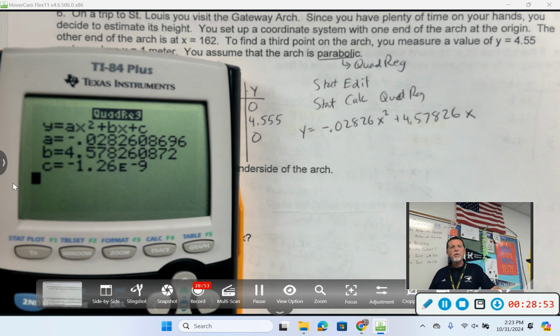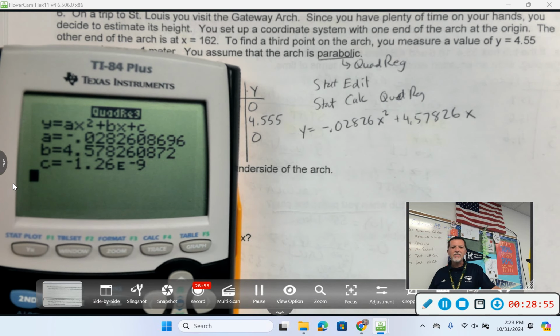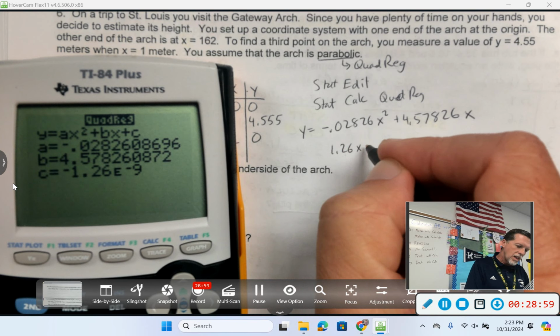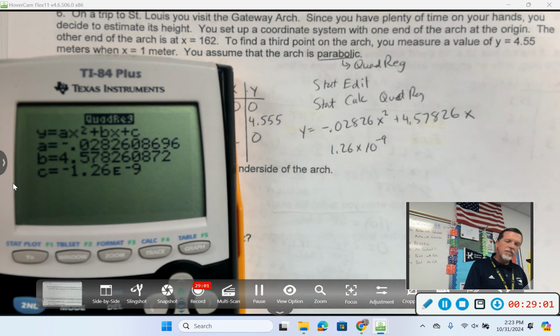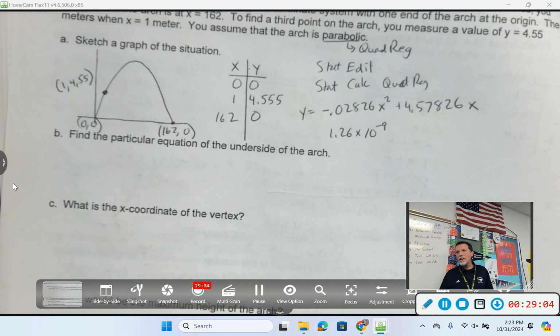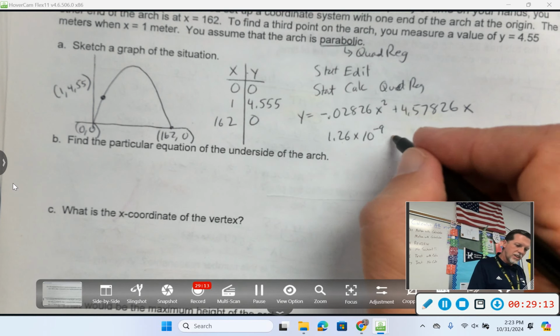What about that 1.26 e negative 9? Do you know what that means? It means times 10 to the negative 9th. So if you wrote that as a decimal, what would that be?